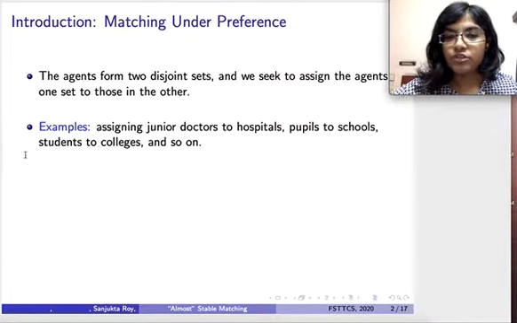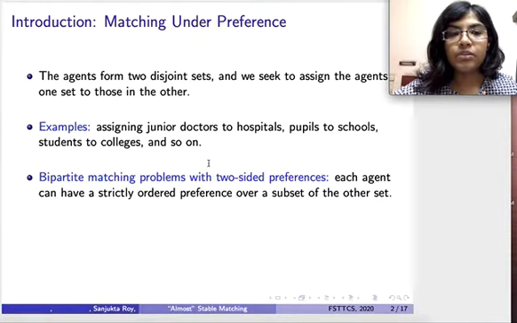And similarly for students and colleges. So we see that one set has a preference over the other set, and it could be a preference over a subset of the other set. So doctors just give preference over a subset of hospitals, right? This kind of problem is called a bipartite matching problem with two-sided preferences, because you have preferences on both sides: the doctors have preferences and the hospitals have preferences as well.